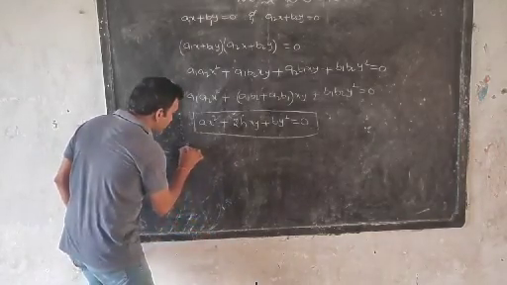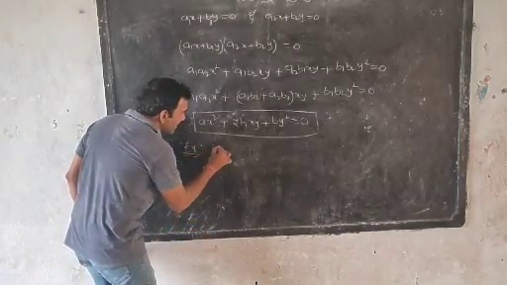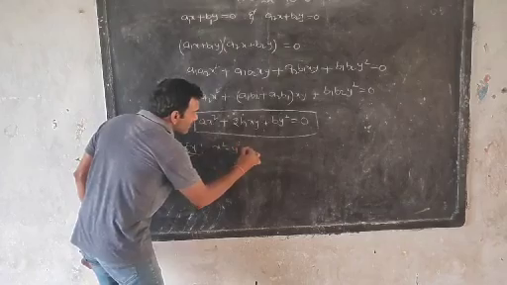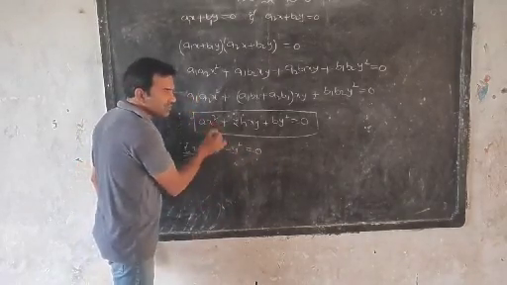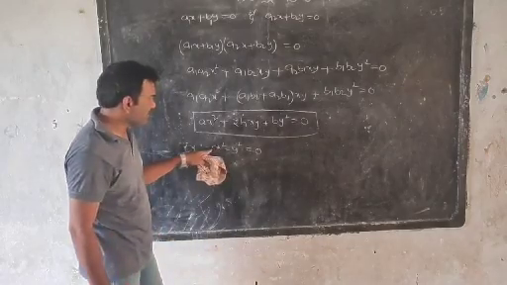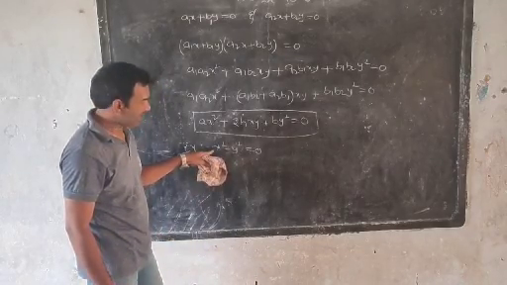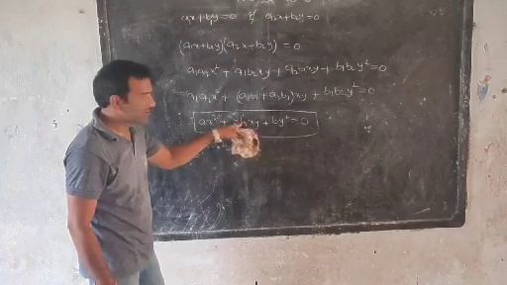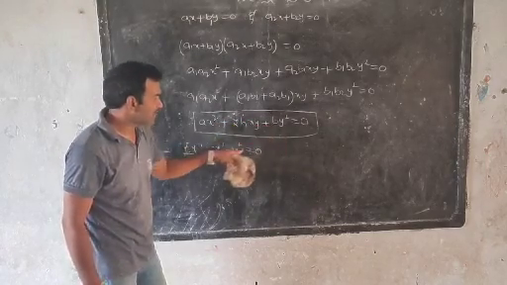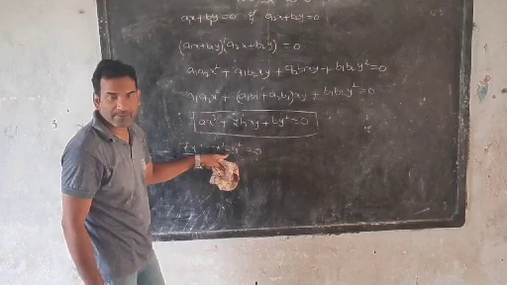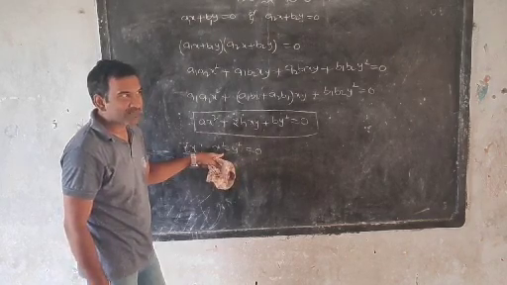Example also I will give. Example: x square minus y square equal to 0. If I compare this equation to this, x square coefficient a value is 1. There is no xy term, no problem. by square coefficient is minus 1. We can easily split that equation.